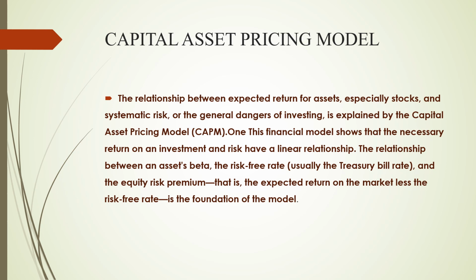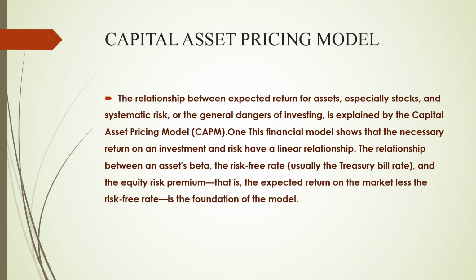This financial model shows that the necessary return on an investment and the risk have a linear relationship. The relationship between an asset's beta, the risk-free rate, usually the treasury bill rate, and the equity risk premium, that is the expected return on the market less the risk-free rate, is the foundation of this model.